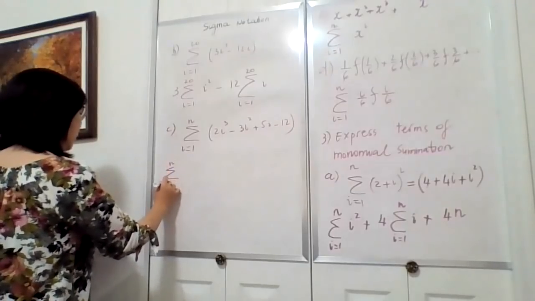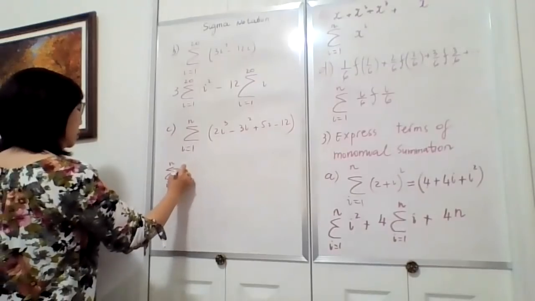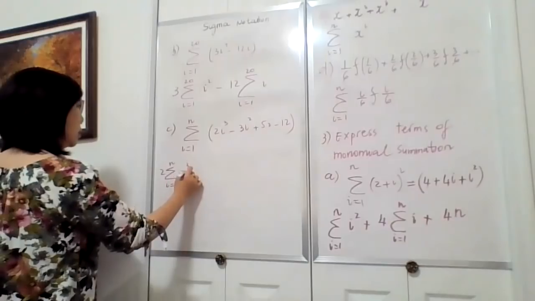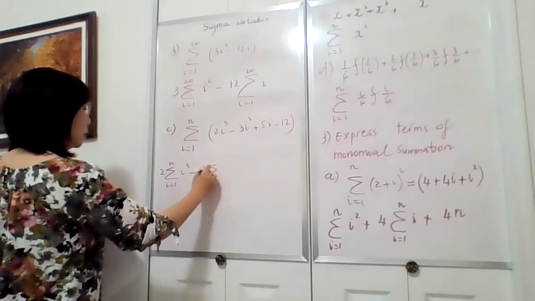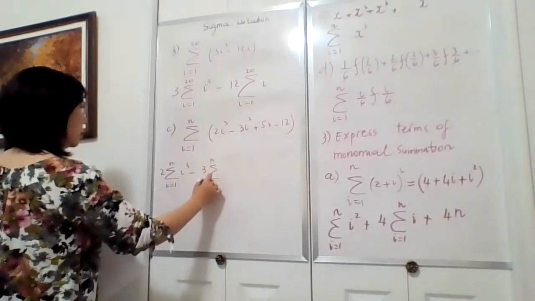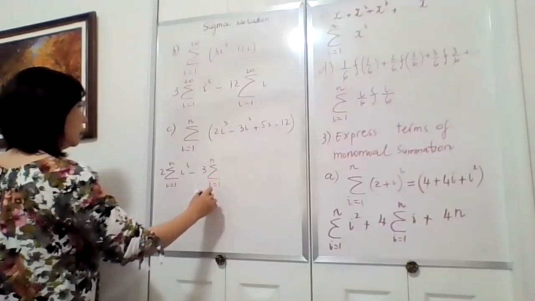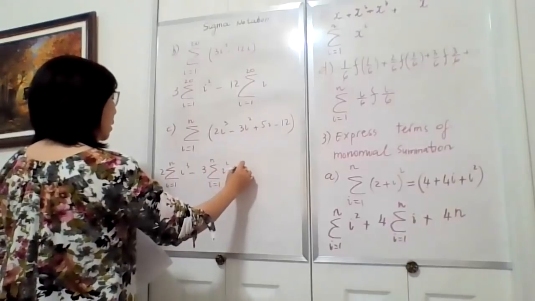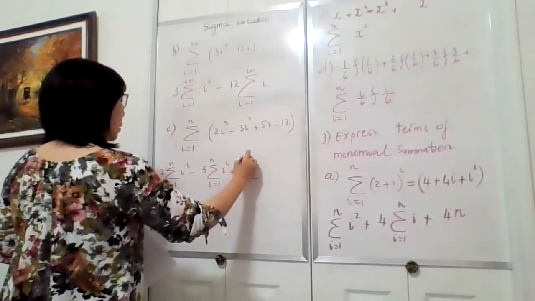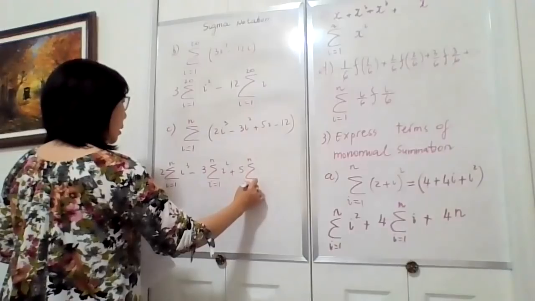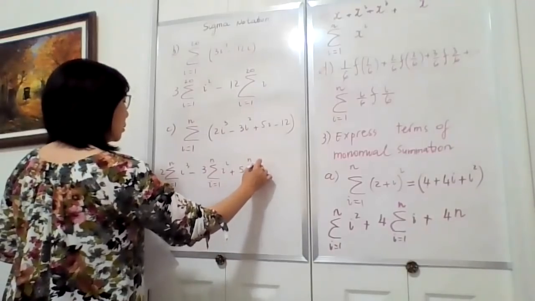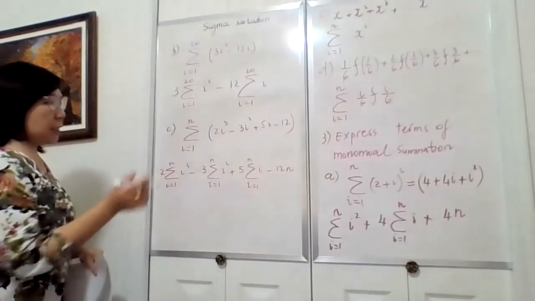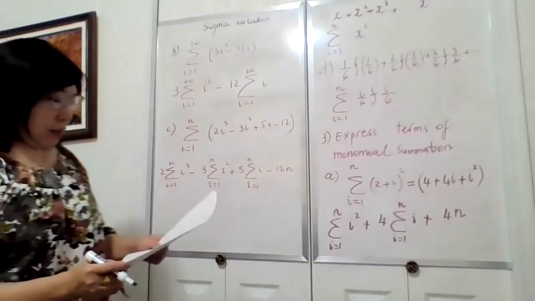Just say n, I equal 1. So we bring 2 and I cubed, minus 3 and I equal 1 and I squared, plus 5 and I equal 1 I, and minus 12n. So that's how we do it. Okay.